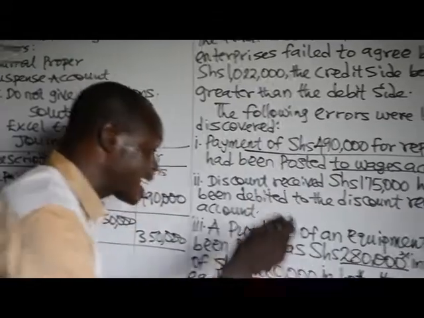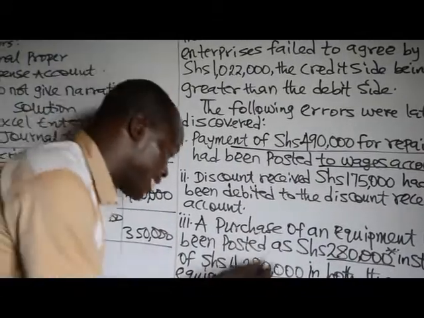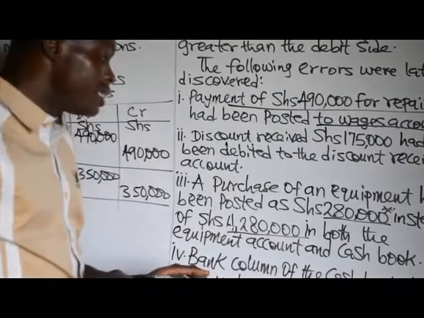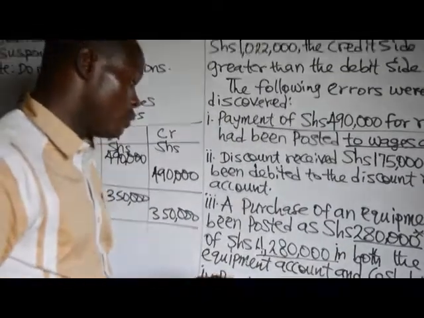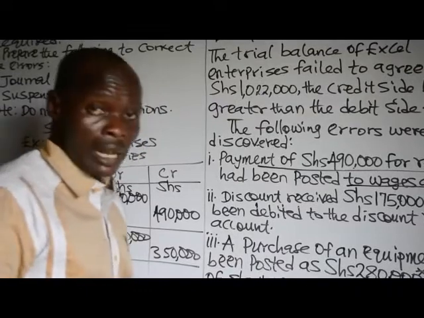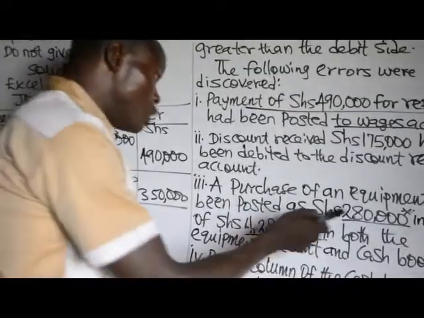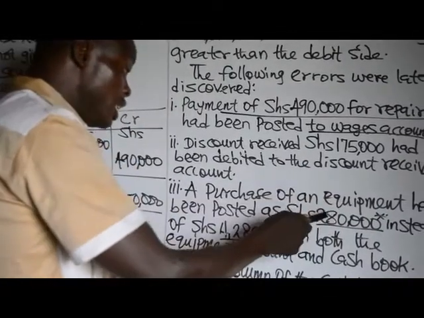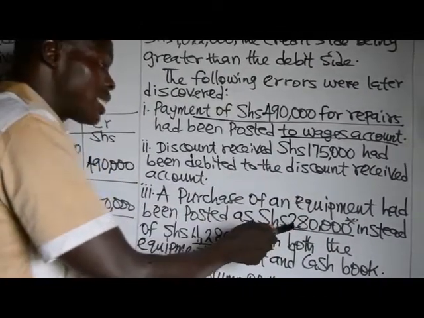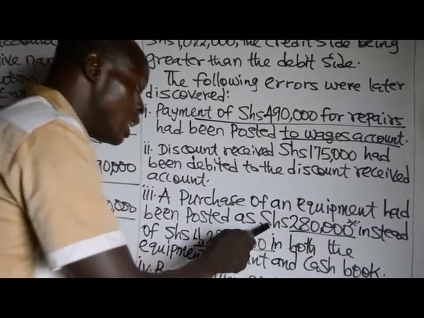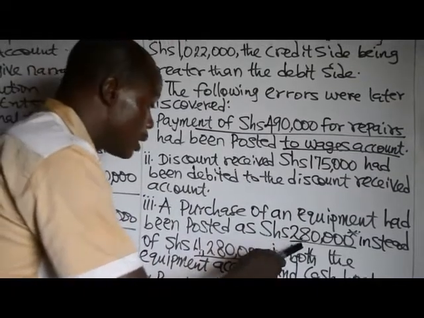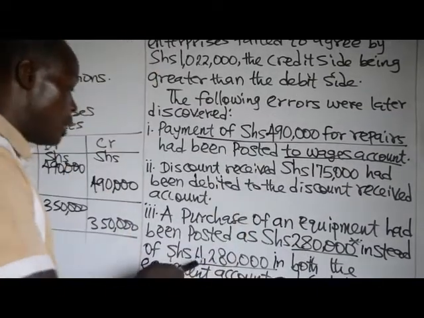So that means you want to increase the amount in equipment account by 4 million so that the 280,000 shillings that had earlier been recorded will now be upgraded to 4,280,000.